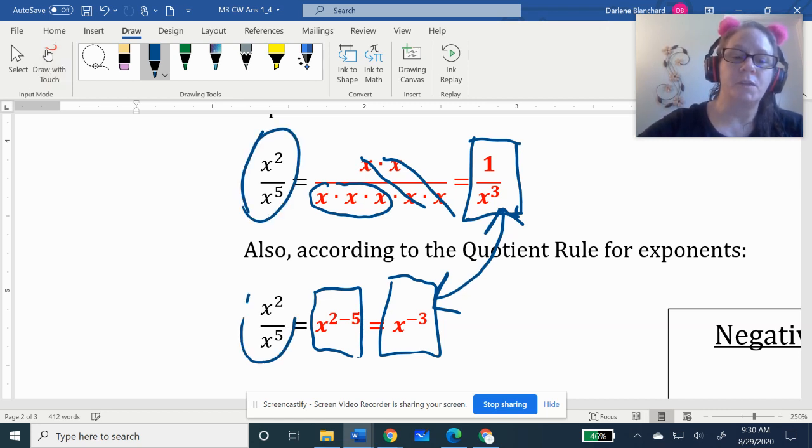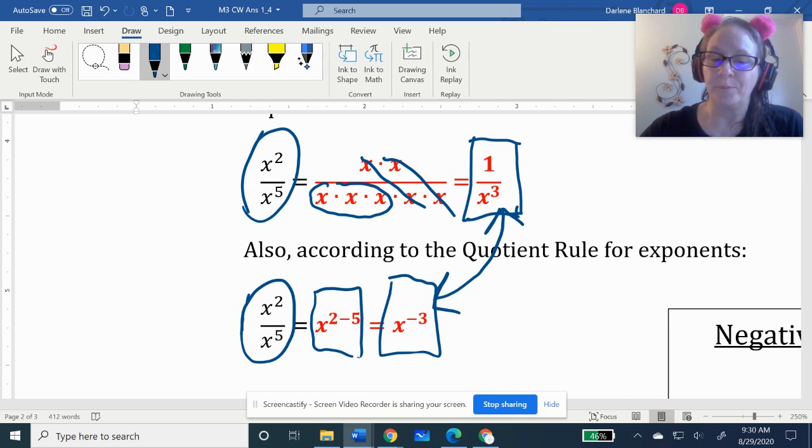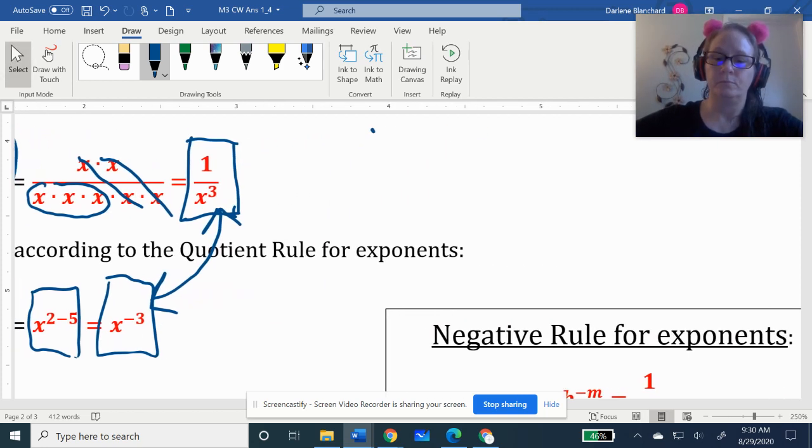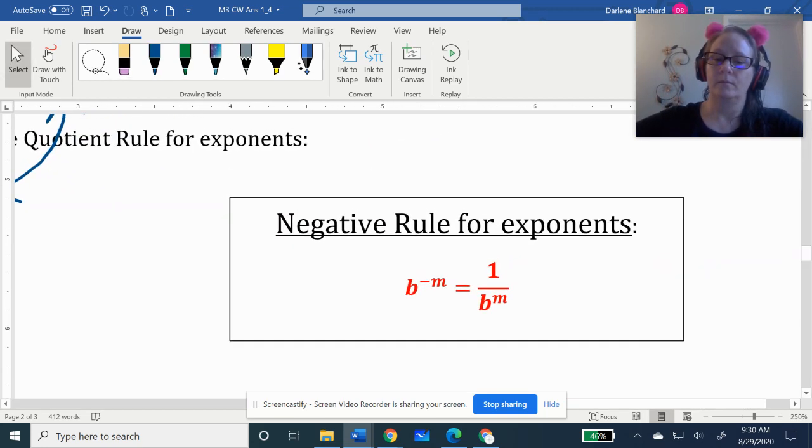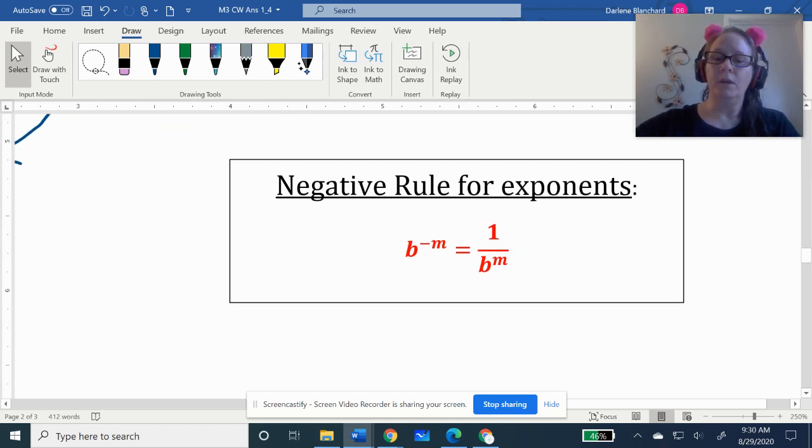So this is an example to show you why a negative exponent really is just saying I'm on the wrong side of the fraction. And let me show you the rule that you need to make sure to have. And realize that with this rule, that actually means a few other things.